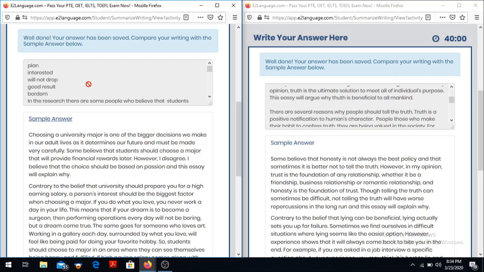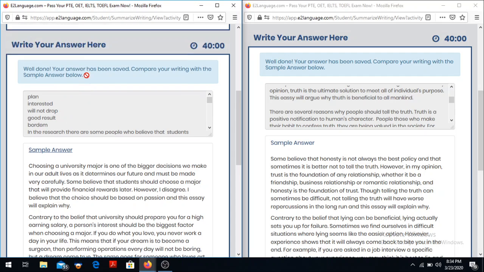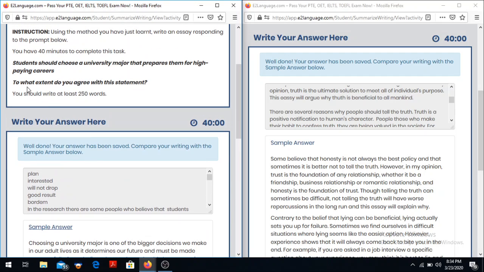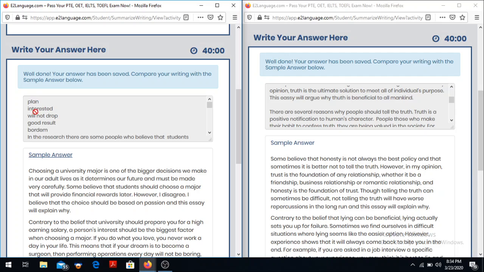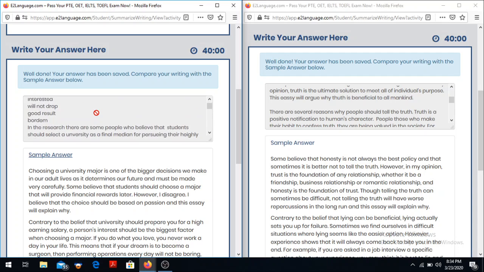Then good result, this will give a good result, and then I get rid of boredom in the negative. So basically we'll be going against the topic, as I disagreed, so these pointers are only for disagreeing.